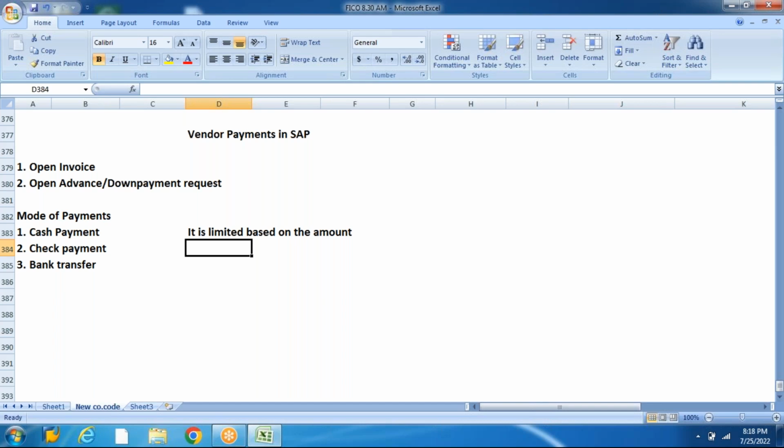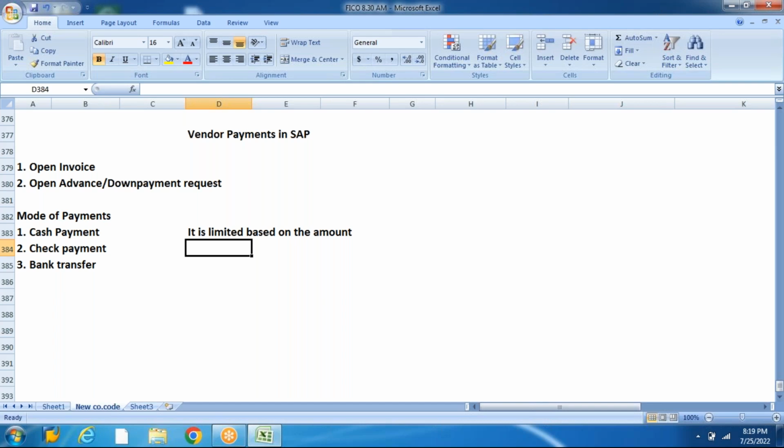Your bank is telling beyond 50,000, give me the supplier PAN account details and all, so that this will have tax implications. Now, keeping these tax implications aside, every company will have a certain limit for cash transactions. Let's say a company may have maximum as 5,000, maximum as 10,000, maximum as 20,000, beyond which the company will not issue a cash payment.